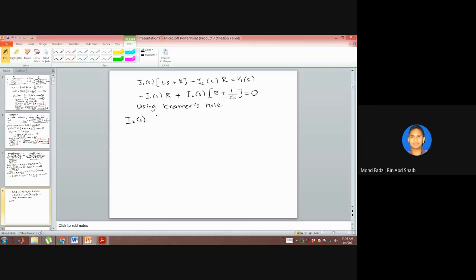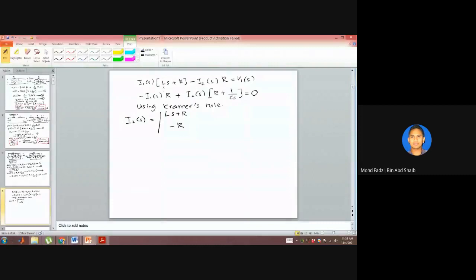If we want to find I2S, we just copy all these things first. The first row is LS plus R, minus R, because we have minus here, right? So we just replace it here. So minus R. This one is okay.